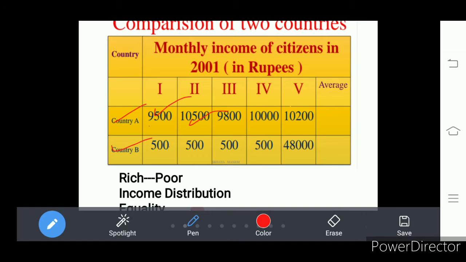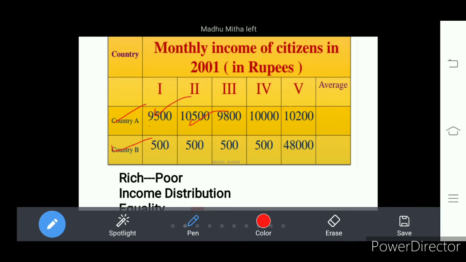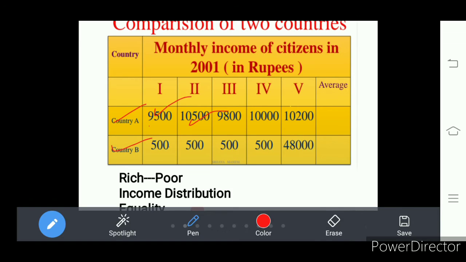Okay, it is near to 9,500 to 10,200. So almost all the citizens in country A are earning between 9,500 to 10,200, right? And when you come to country B, what do you see here?